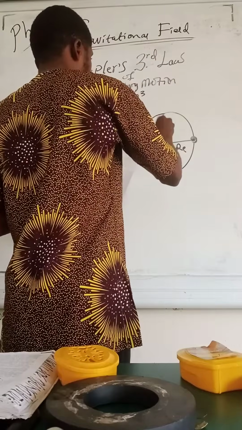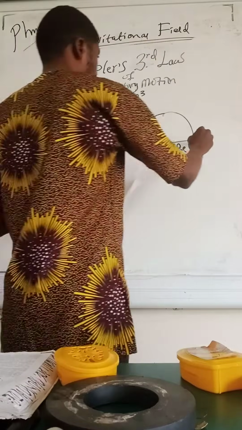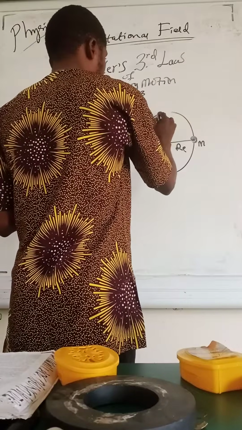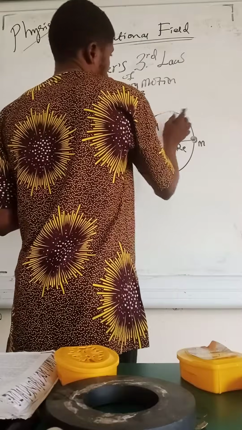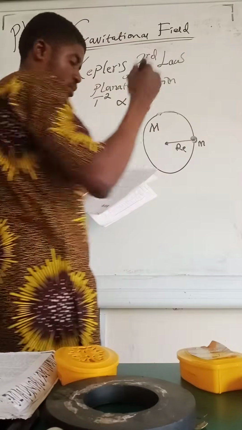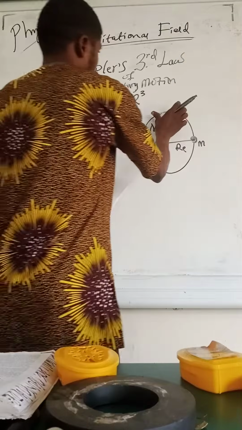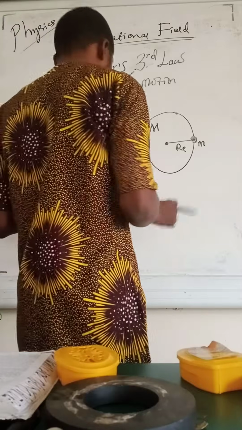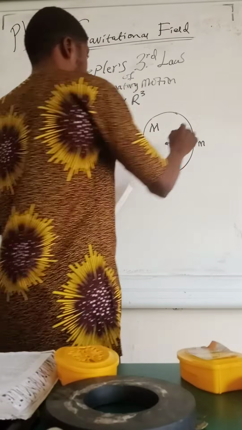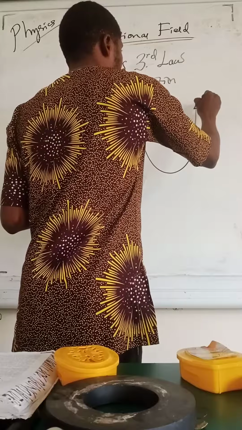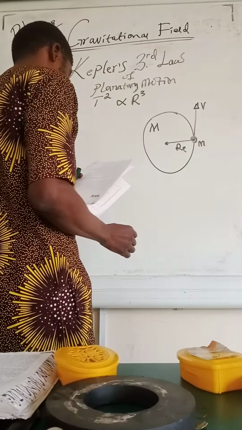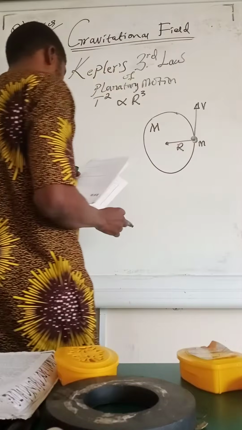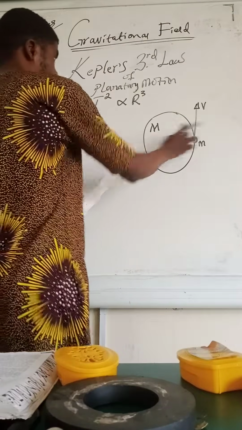This is the mass of the Earth, capital M. A satellite of mass small m orbits the Earth of mass capital M with a tangential velocity small v and with a radius capital R from the center of the Earth.